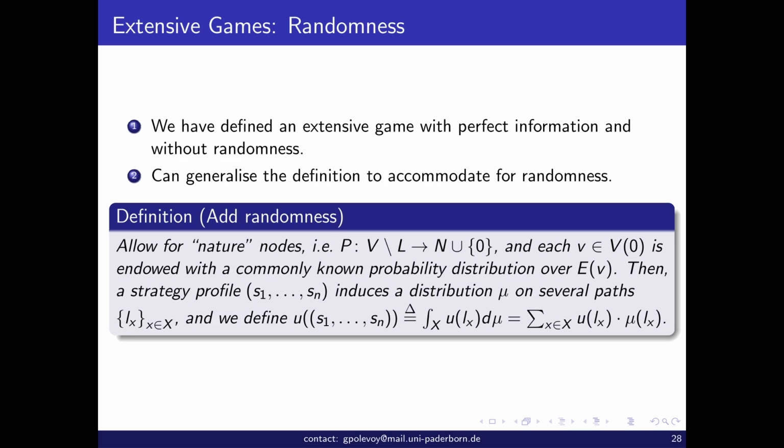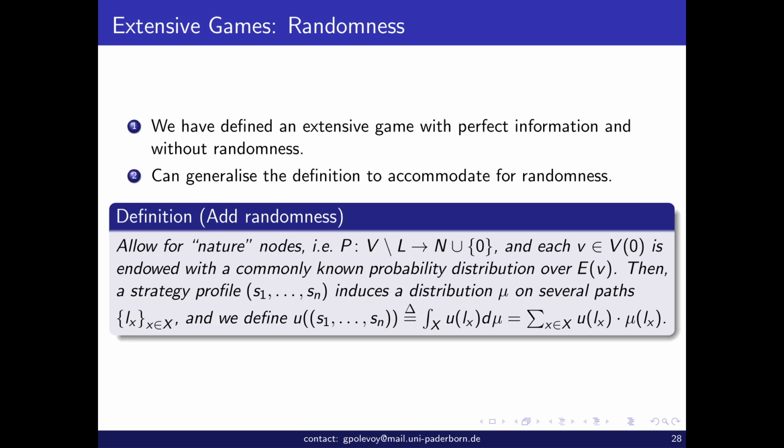So every node of nature is endowed with a commonly known distribution, so everyone knows that distribution, and everyone knows that everyone knows that distribution, and so on. For example, you know that this branch is taken with a probability of 1/3, and the other one, let's say 2 branches, is taken with the probability of 2/3.